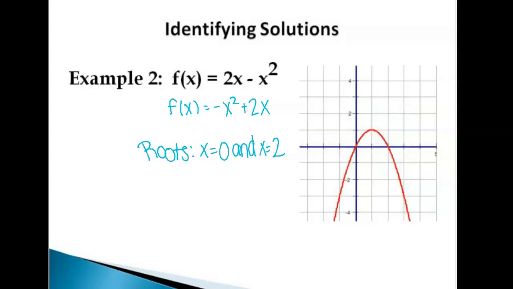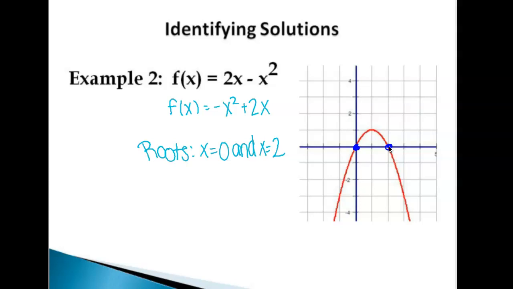Similarly in this problem, again, if it's not in standard form, you could rearrange the terms to be in standard form. Look at your key points on your graph. Identify your roots as 0 and 2. So the roots are also the x-intercepts, where the graph crosses the x-axis.